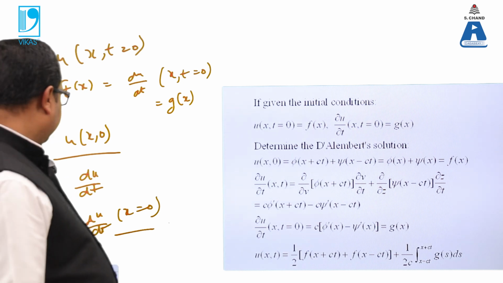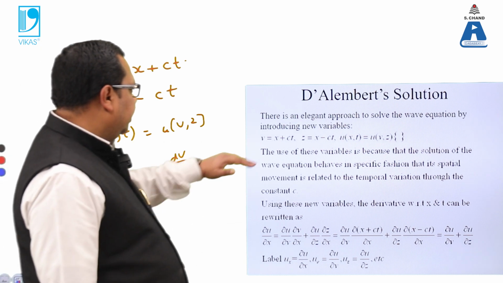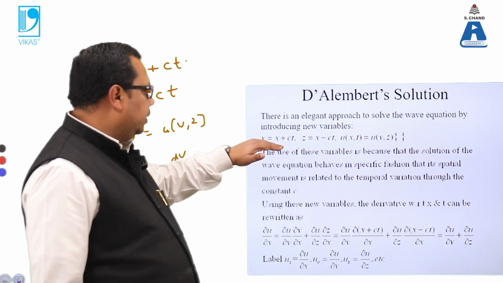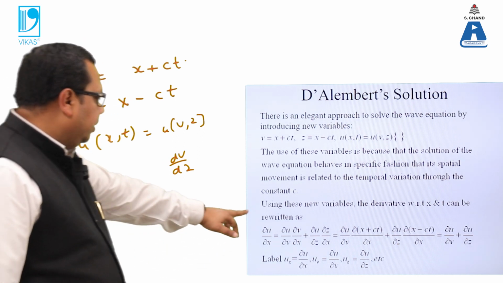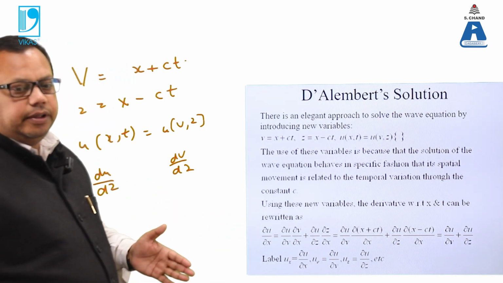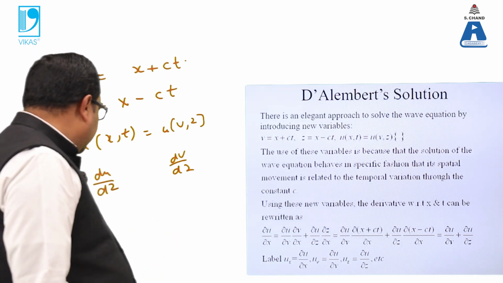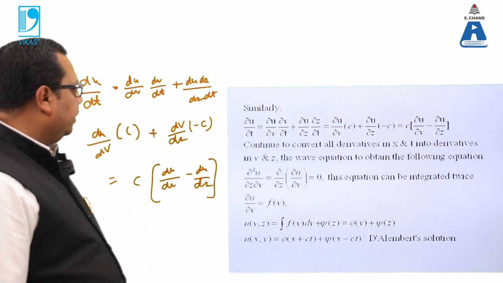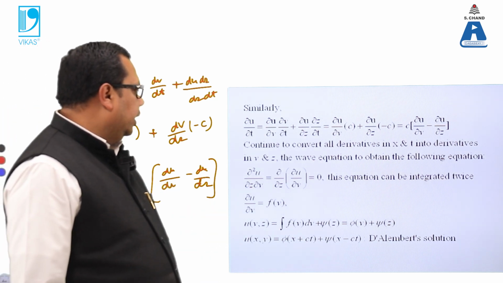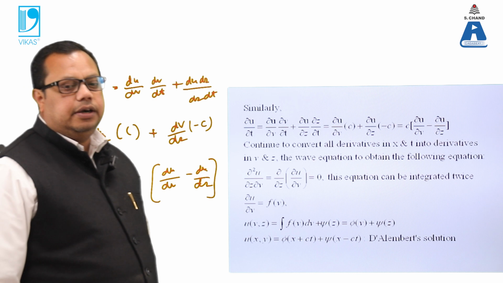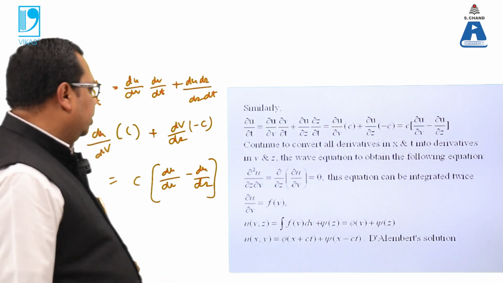Starting from the first slide, we have taken the variable v, then x plus ct, then z as x minus ct, then u(x,t). Then we differentiated this in terms of v, in terms of z, and in terms of u. After that we calculated the double derivative, and then integrated the value, taking the starting value of x to be 0.